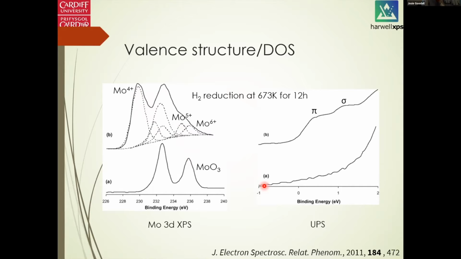However, if we use the UPS for the same sample, we could see that after the hydrogen reduction, you see these 2 bumps, which correspond to the pi and sigma bonding of the molybdenum. And these are key features for molybdenum 4+, which is molybdenum dioxide.